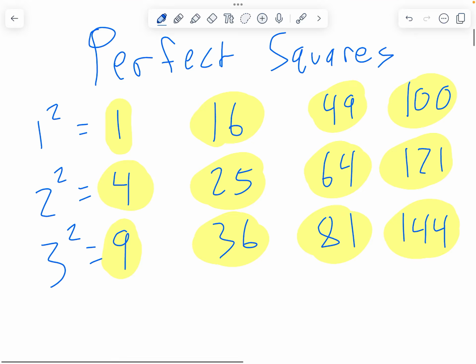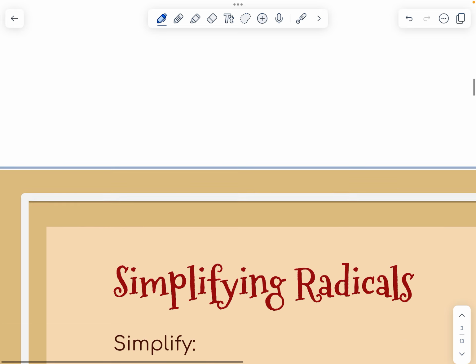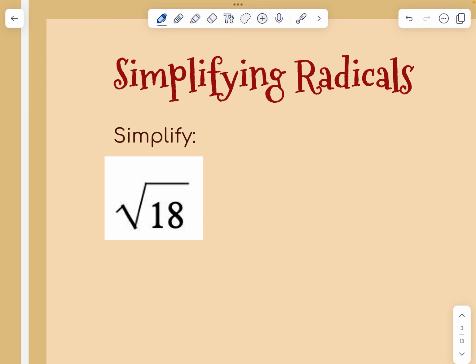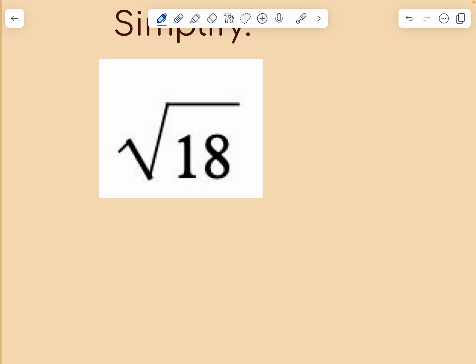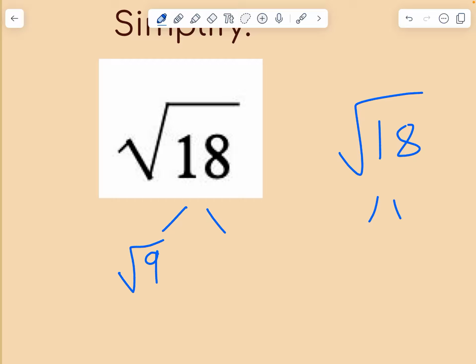The reason for that is because we are going to simplify radicals, okay? And in order to simplify radicals, you need to be able to break up a number into 2 factors. So we want to break up 18. Now, when you break up 18, you have 2 choices: you can do 9 times 2, or you can do 6 times 3.